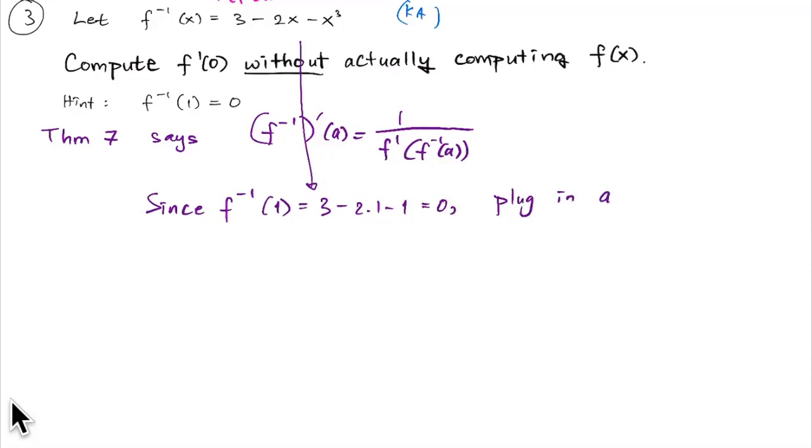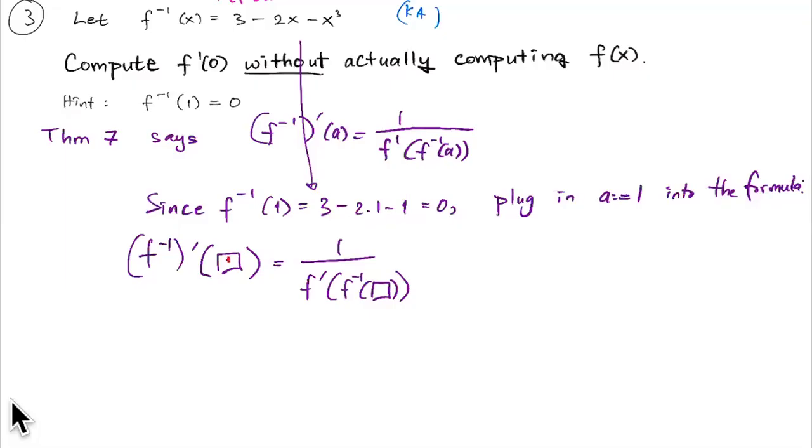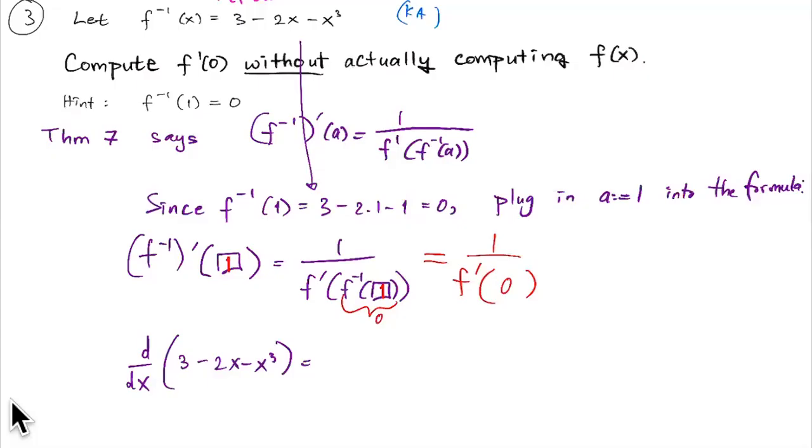let's plug in a into the formula. So now I plug in 1 into here. And so this would become 1 over f prime of 0. And I'm almost done. I just have to compute this part. The derivative of this function is -2 minus 3x squared.